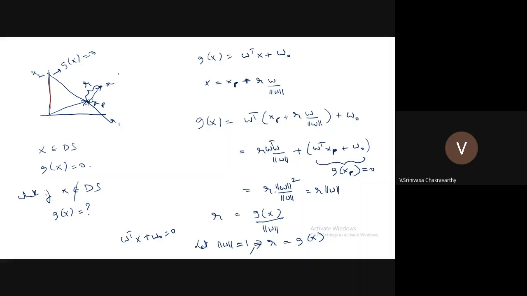The function will keep on increasing monotonically as you move away from this plane in one direction, or keep on decreasing monotonically towards minus infinity as you move away in the other direction. So this is how g of x looks.